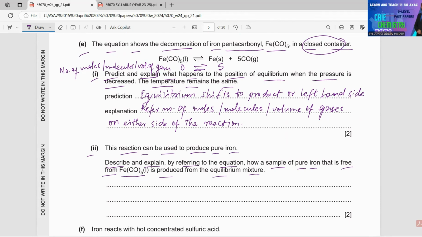Carbon monoxide is a gas, so you can have an open system so that you are letting CO escape. So you write open system, or you can write let CO escape, which means the equilibrium shifts to the right hand side.